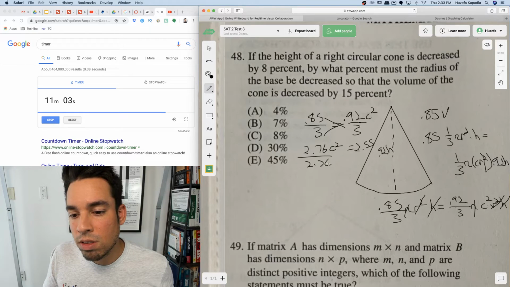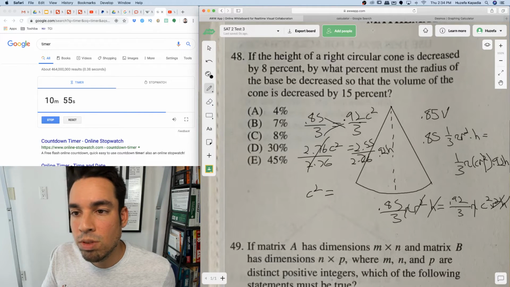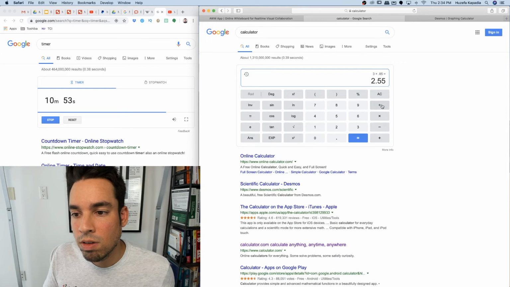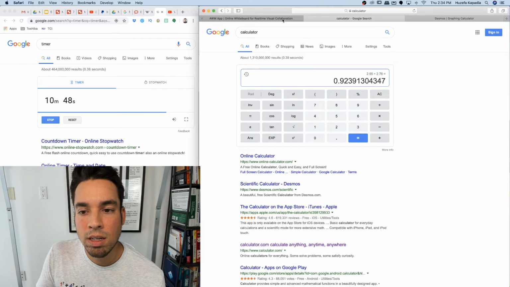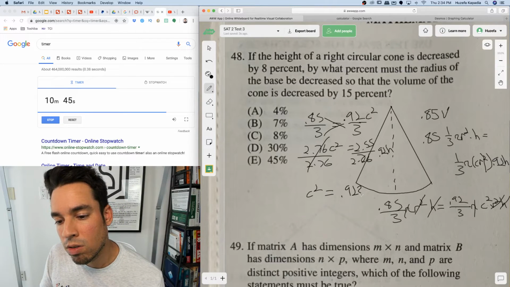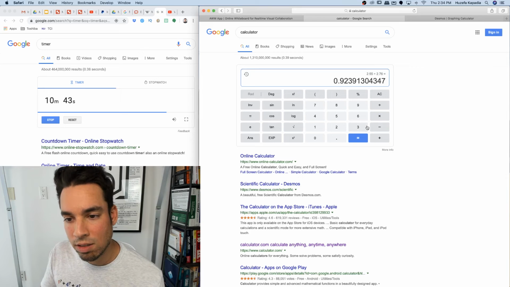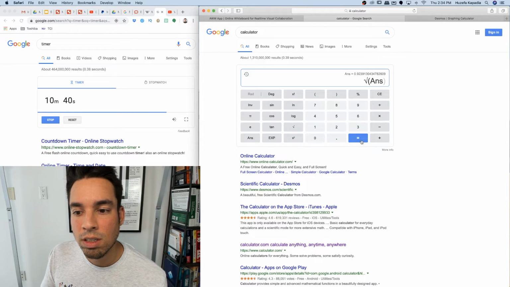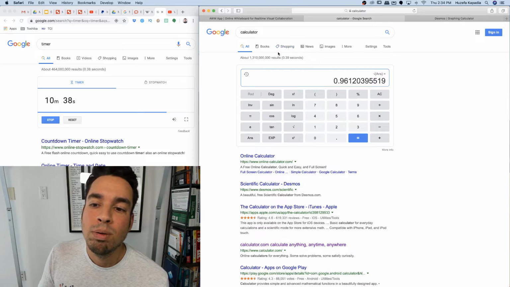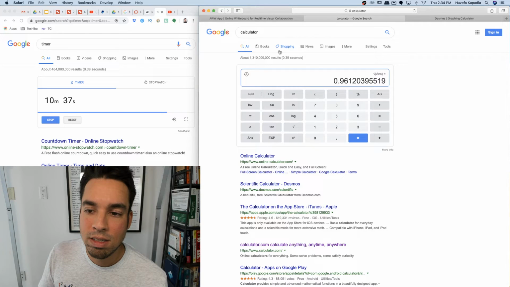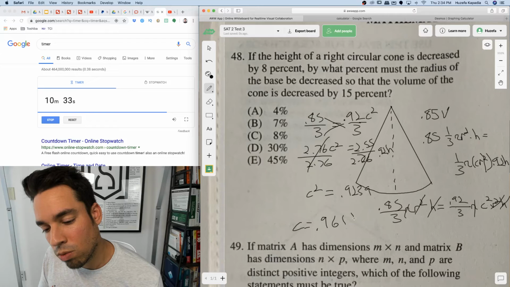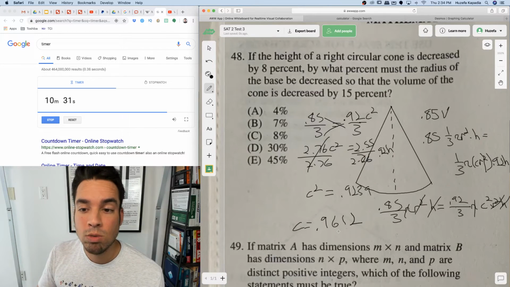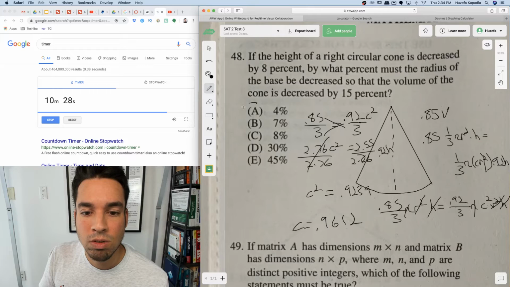Divide by 2.76. c squared equals 2.55 divided by 2.76, which equals 0.9239. But then I need to take the square root of that because that was c squared. So the square root is 0.9612, which means it's 96% of what it was, which means it's about a 4% decrease.